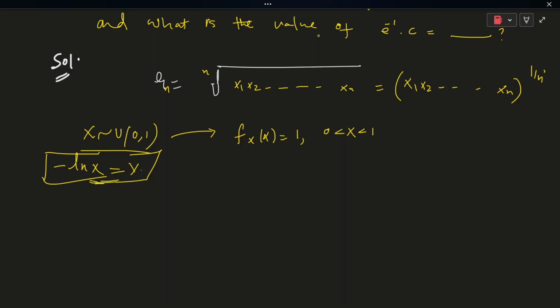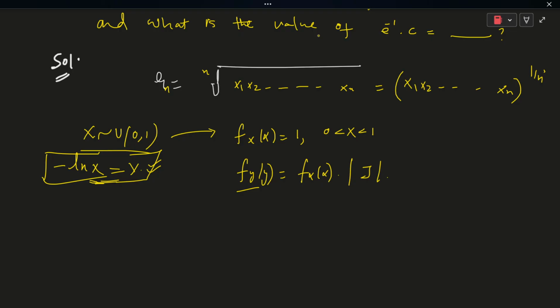So we will see here how this is exponential 1. Whenever we do a transformation, this is the old function and this will be our new function: f of y is equal to f of x, the old function, multiplied by the Jacobian.